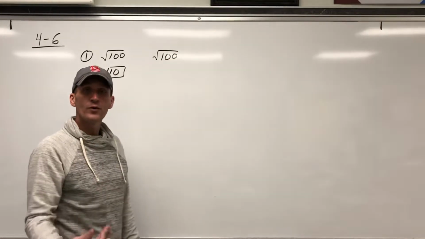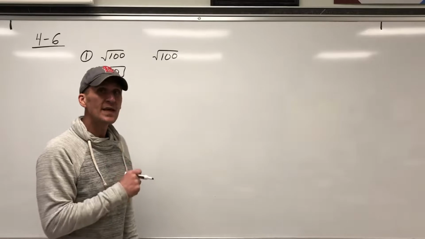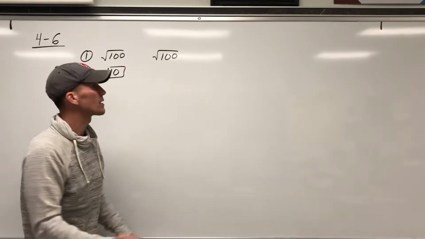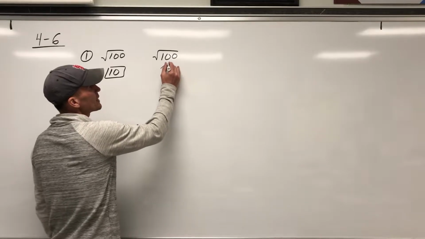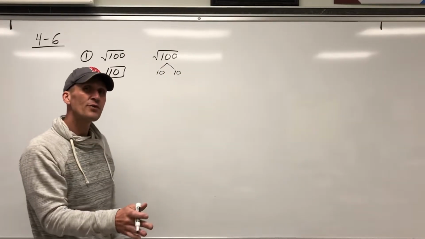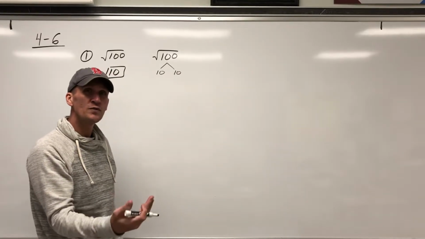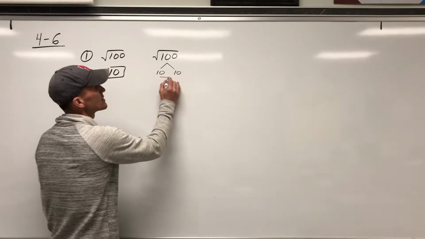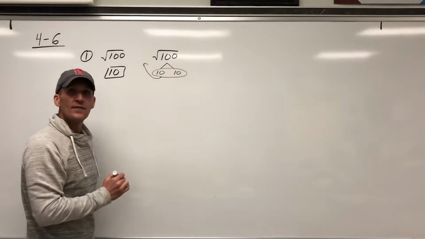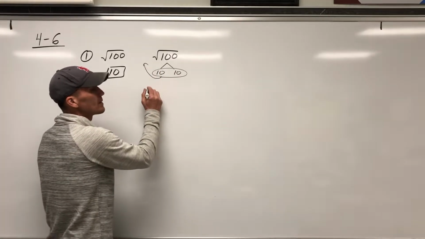If you ever know 2 of the same number that multiply together to be a number, we would call that a pair. So 100 can break down to 10 times 10. Even though they're not prime numbers, once you find a pair, a pair of numbers comes outside the square root, but it comes out as a single.